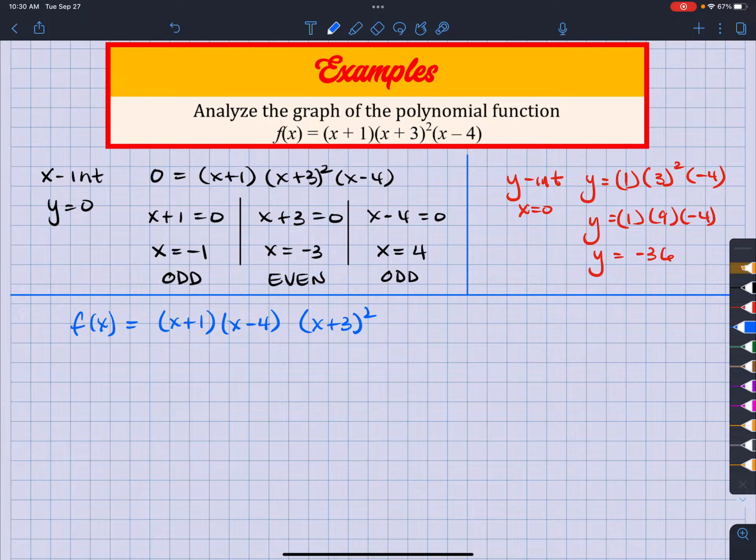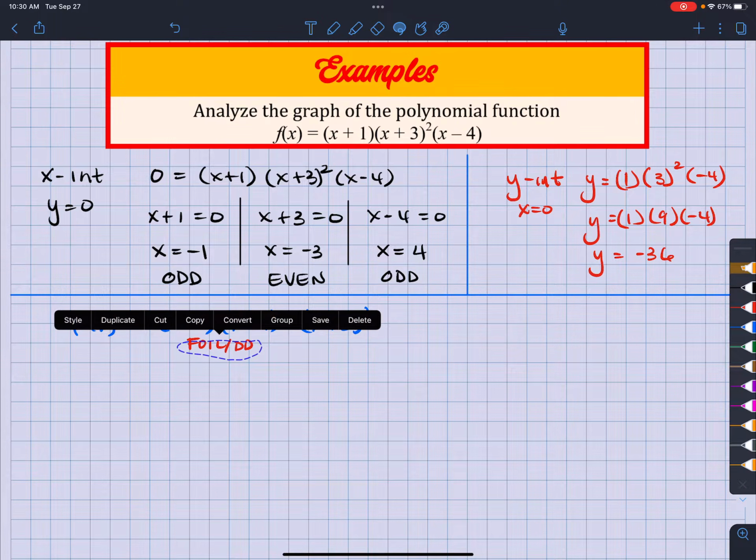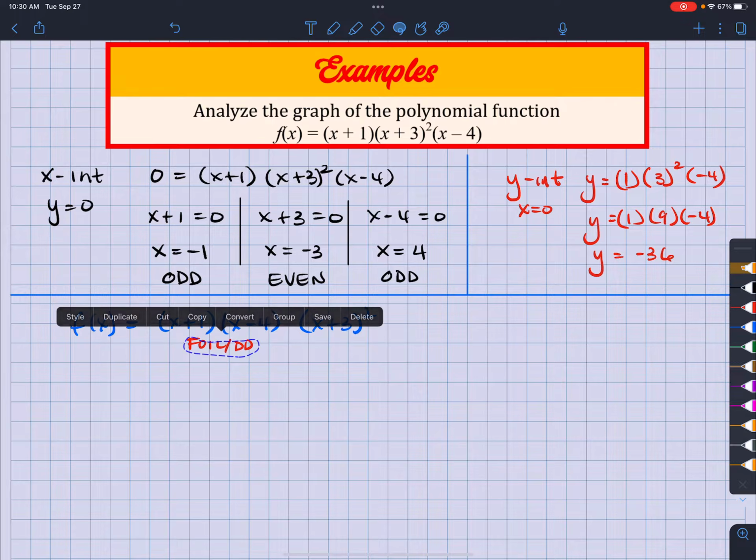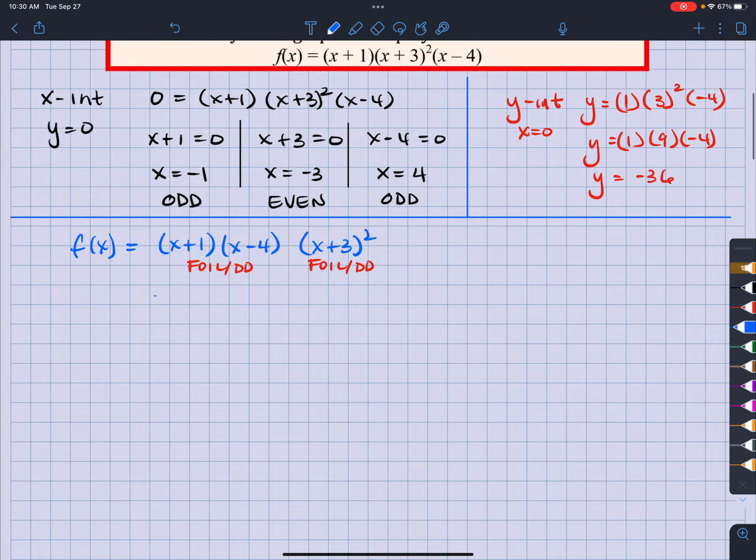The reason is because I want to FOIL, or double distribute, this and also this. When I do that, I'm going to get x squared minus 3x minus 4. And here, when I FOIL this out, it's going to be x squared plus 6x plus 9.